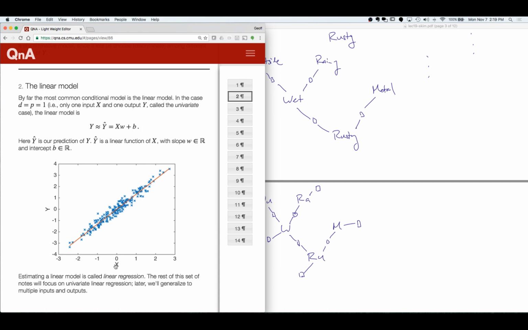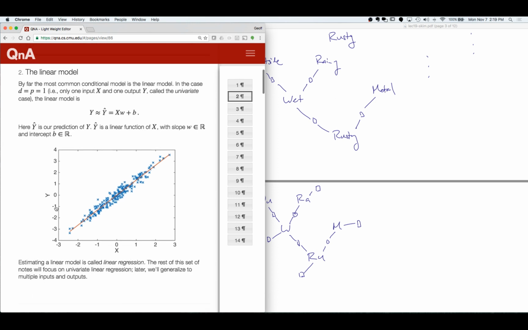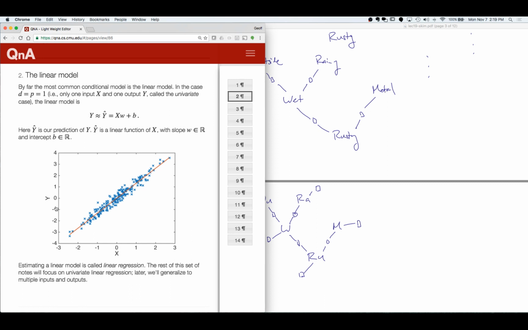And this is the univariate case, where there's one input and one output. And we'll talk later about multivariate regression. Regression is useful because it's a very common special case of prediction.